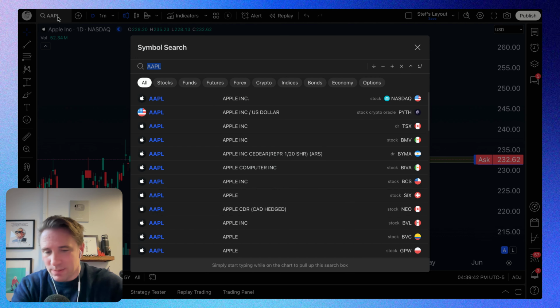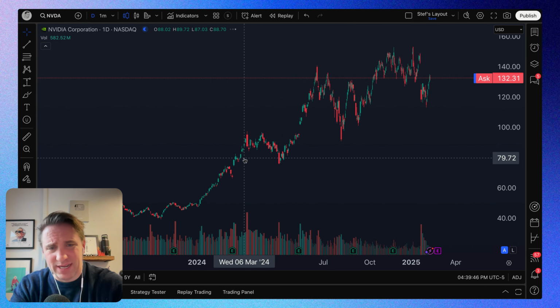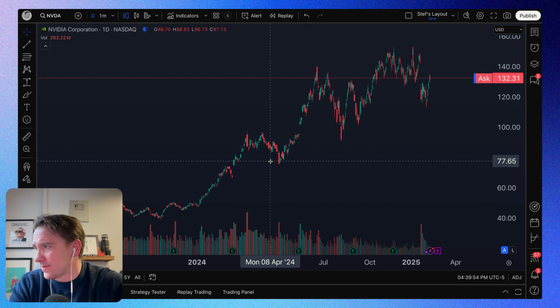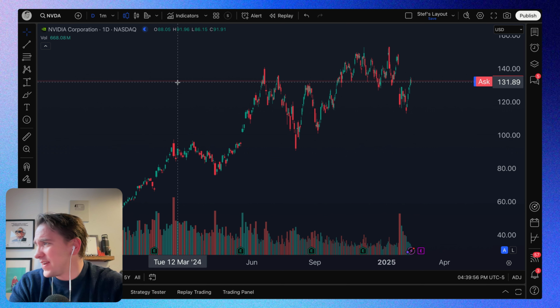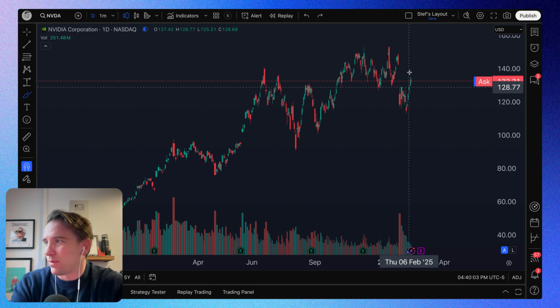Now, one more really important thing about gaps as well is, do all gaps get filled? Do they all get filled? I like to think over a long enough time frame, every single gap gets filled because nothing goes up forever. So even on this NVIDIA chart, you can just see how many really crazy gaps happened that now are trying to get filled.